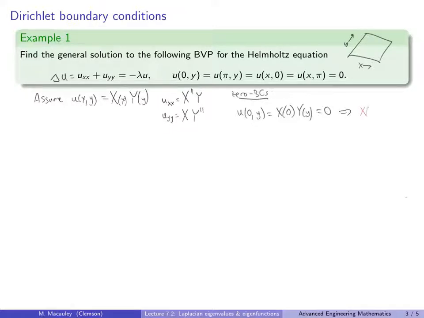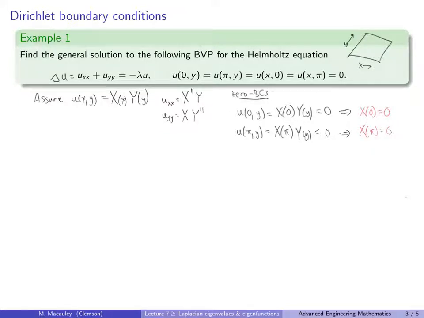So X of 0 equals 0. The next condition says that u of pi, y equals X of pi times Y of y equals 0. And as before, this is a number times a function equaling 0. That tells us that X of pi is equal to 0.